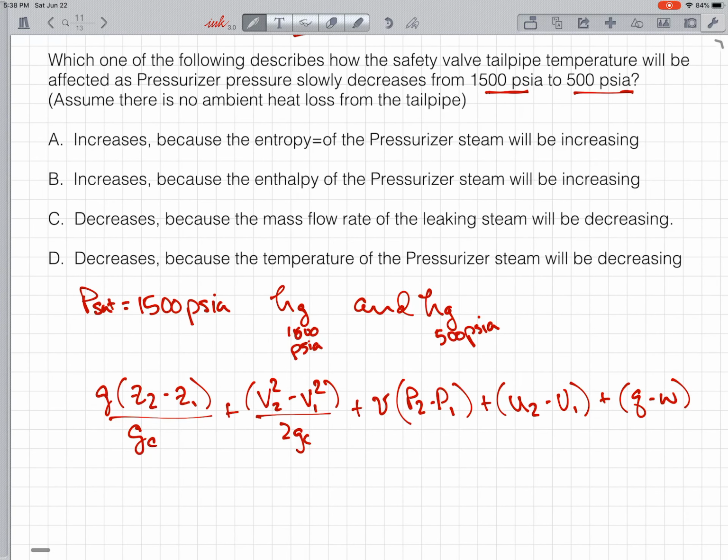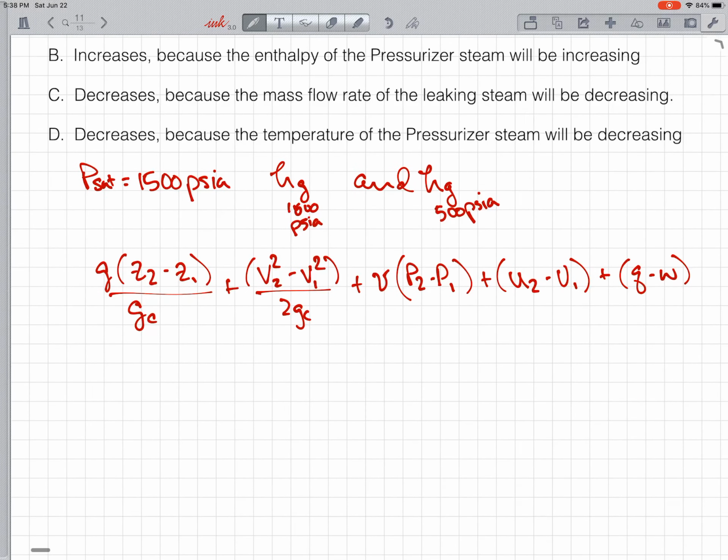That's a general energy equation, and you will recall that this term means kinetic energy. Well, kinetic energy is going to go to 0 because, oh, I'm sorry, that's potential energy.